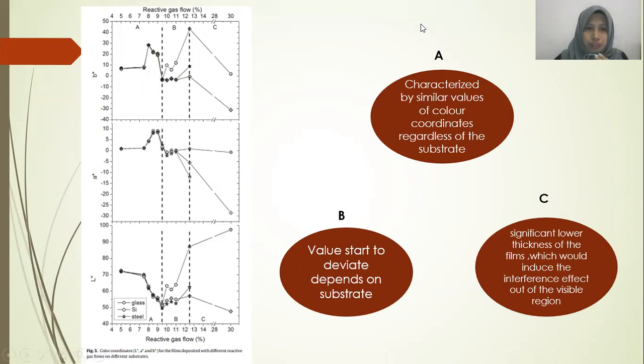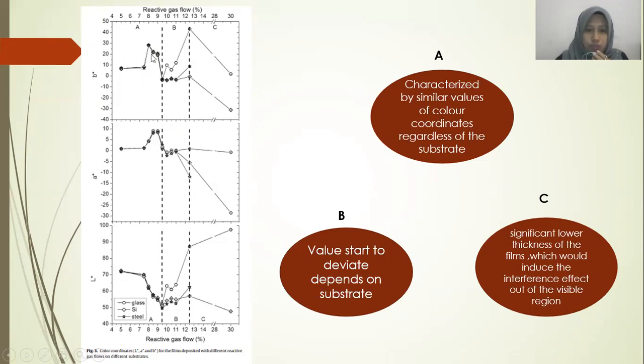From this data, we could see the color coordinates of L, A, and B for the films deposited with different reactive gas flows on different substrates. Region A is characterized by similar values of color coordinates regardless of the substrates.